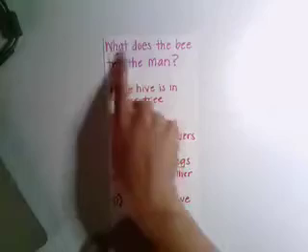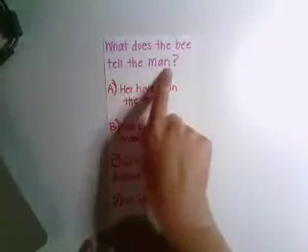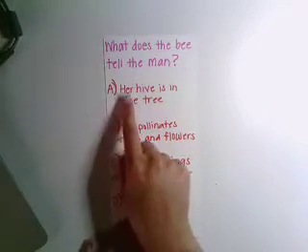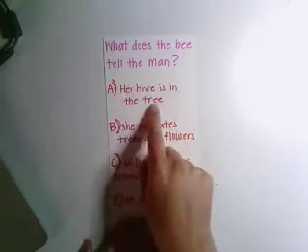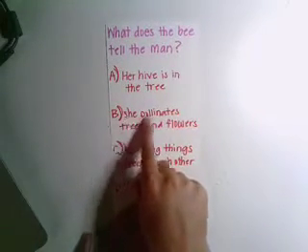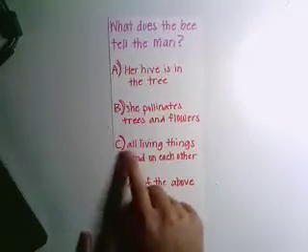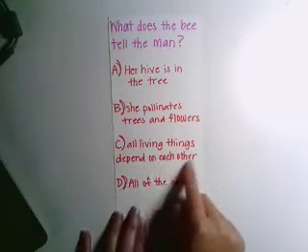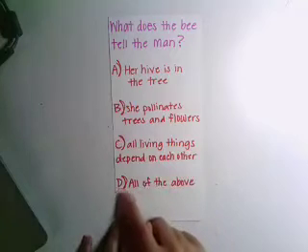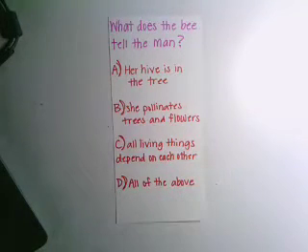Question 3. What does the bee tell the man? A, her hive is in the tree. B, she pollinates trees and flowers. C, all living things depend on each other. Or D, all of the above.